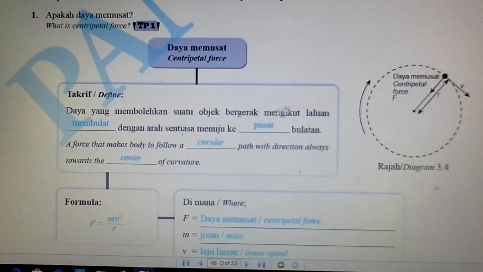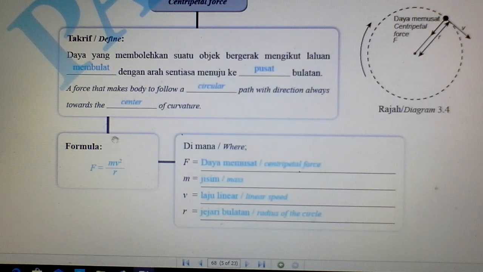We discussed that for any circular motion, there must be a force that we call centripetal force that is always directed toward the center of the object. If we discuss about Earth, toward the center of the Earth. So centripetal force is a force that makes a body follow a circular path with direction always towards the center of curvature.